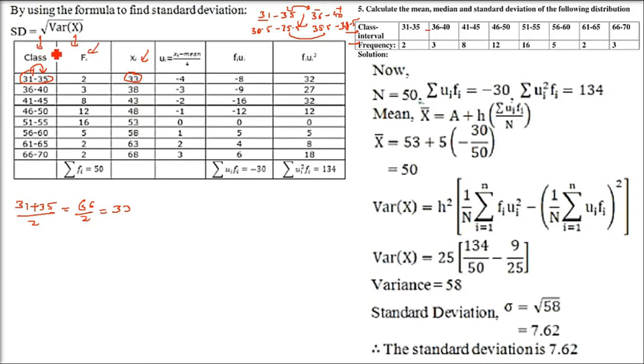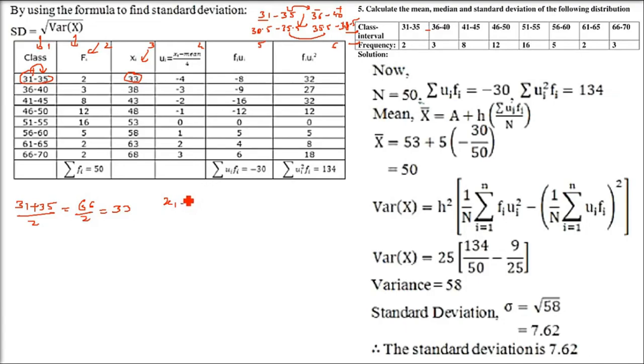So what can we do? We can take a value which is the middle one, or we can take an assumed value, and this assumed value we are going to use. So 33 is there, and we can take either 48 or 53 as the assumed value.